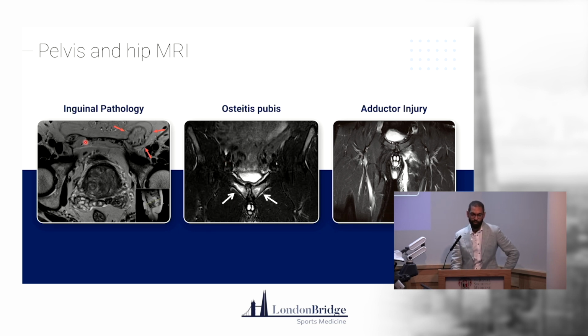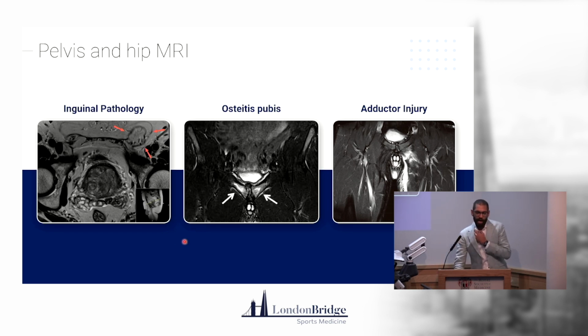If you're going to look at inguinal pathology, you can see here an inguinal hernia, so that's fat coming out from the inguinal canal. You have to let them know that, because they can do dynamic images where they do the Valsalva maneuver with the patient in the scanner and get them to push out, and you get quite nice dynamic images on the MRI of the posterior inguinal wall defect, or whether it's a direct or indirect hernia.